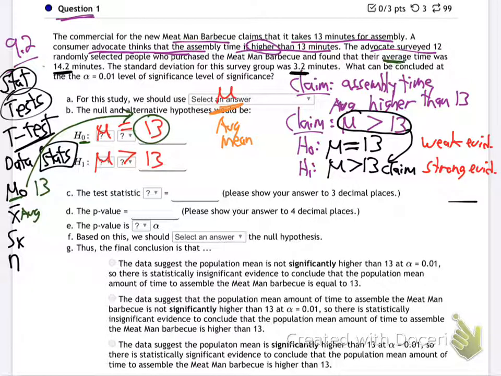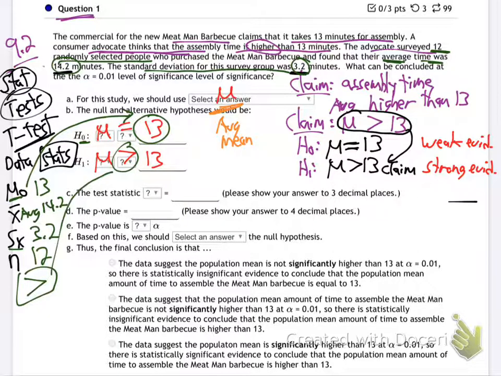It says their average time was 14.2 minutes. And s sub x, that's always standard deviation. Standard deviation, 3.2. And n's always the total number. How many? 12 randomly selected people. So that's 12. And the last thing is you do exactly what H1 says, greater than. And we just get that from H1.